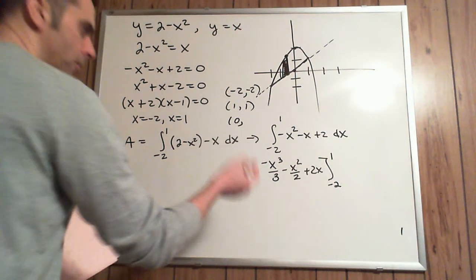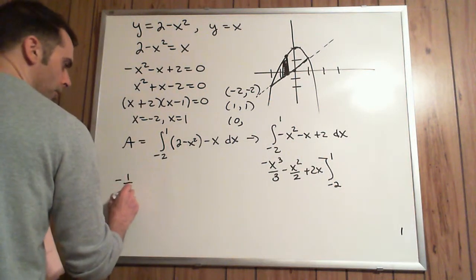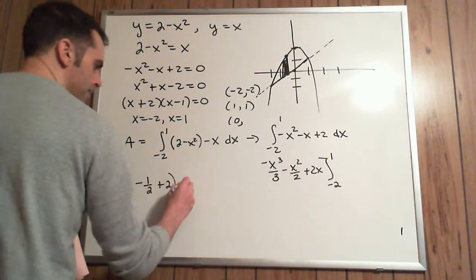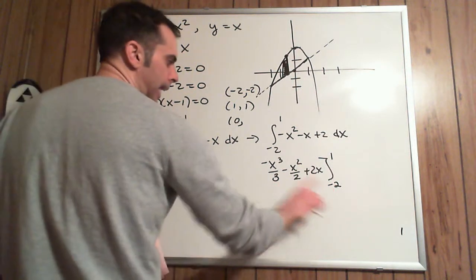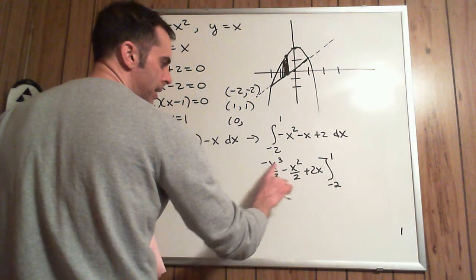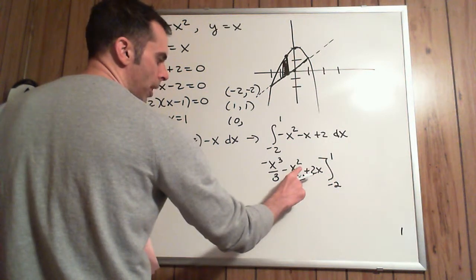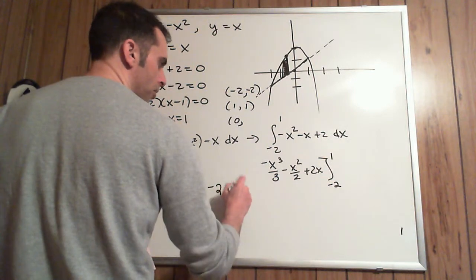Let's put in the top number first. If I put in the top number, I'll get negative 1/3 minus 1/2 plus 2. Minus, no calculator here, do this all by hand. Negative 2 cubed is negative 8, times a negative is a positive 8/3. Negative 2 squared is 4, divided by 2 is negative 2, minus 2.